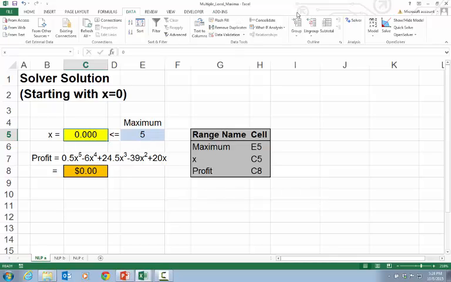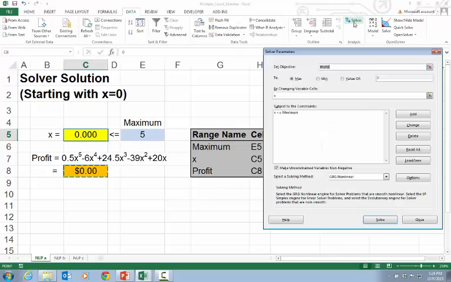So we go to Solver and we're going to solve this. So we choose Solver and we say maximize profit by changing x, which is the named range of the changing cell, and that x is less than or equal to the maximum, which is the named range corresponding to this cell E5, which is the value 5.